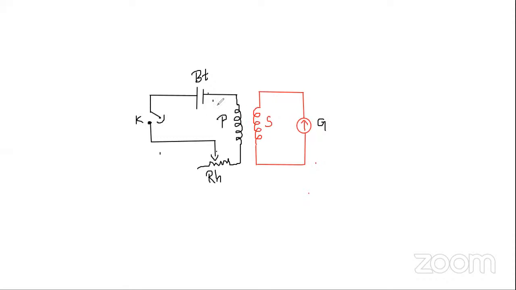Now I am asking you, when the battery is connected to the primary coil, current starts flowing through the primary coil. Will there be any deflection in the galvanometer that is connected to the secondary coil?